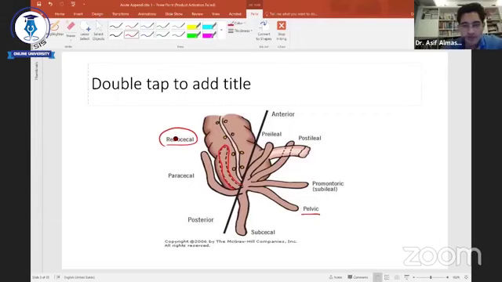For example, if the appendix is somewhere around the ileum, there may be intense retching and vomiting because it irritates the ileum. If you see a pelvic appendix, it may sometimes irritate the rectum and cause diarrhea or tenesmus. So the features also change with the position of the appendix.